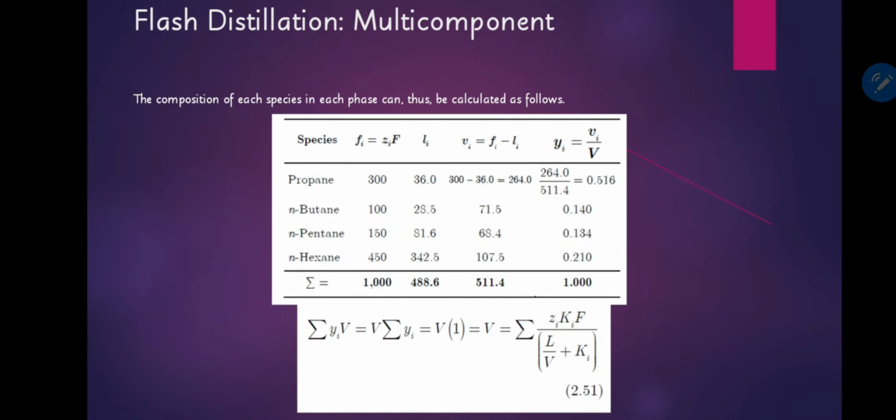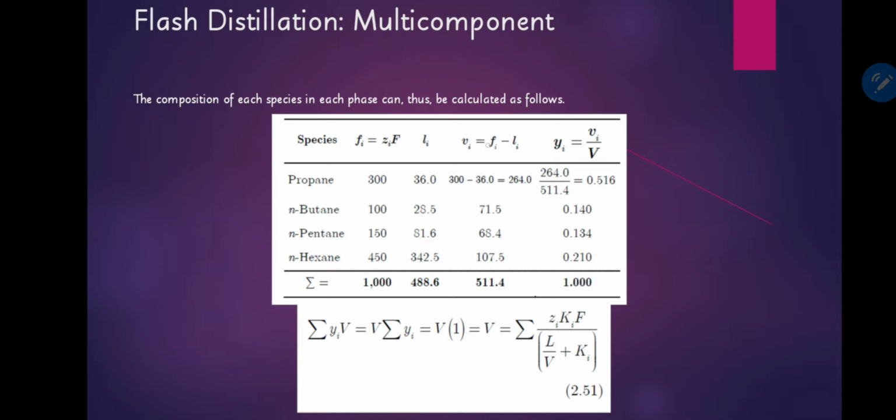Now we proceed with the composition in the vapor phase. So again, Fi is equal to ZiF. This will give you the flow rate of the species in the feed. Li represents the flow rate of species in the liquid phase.